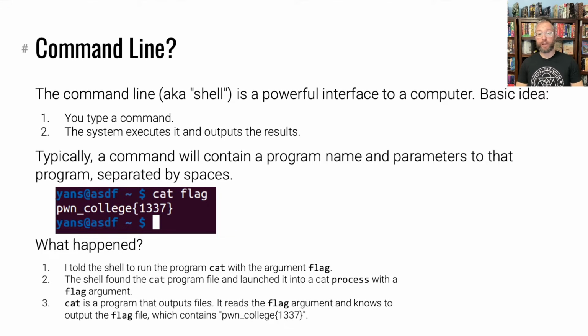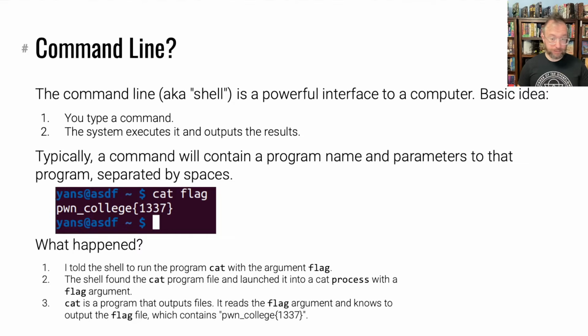In this case, the file called flag had the contents pwn.college, and then in curly braces, 1337, and that's what got printed. And that's how you print out a file on the command line in Linux.